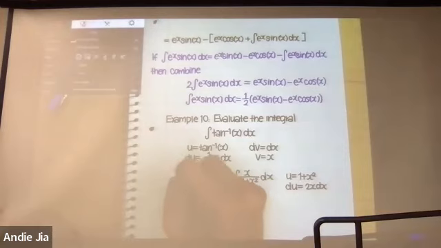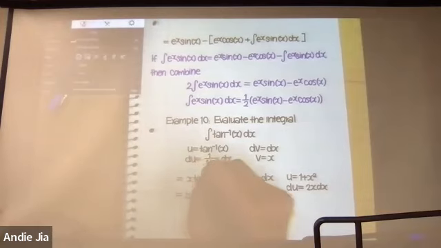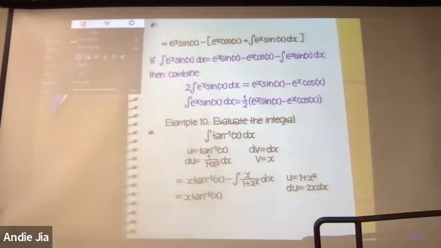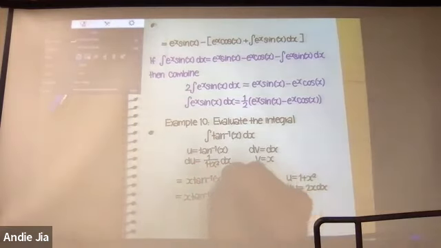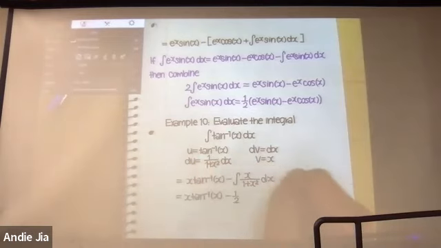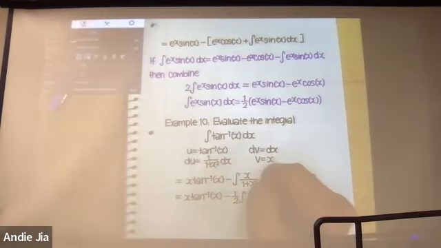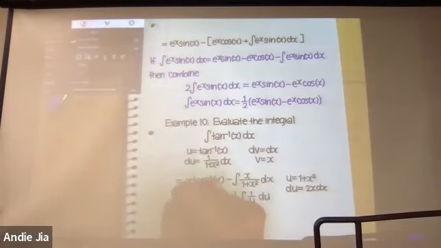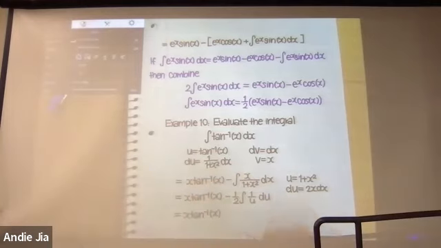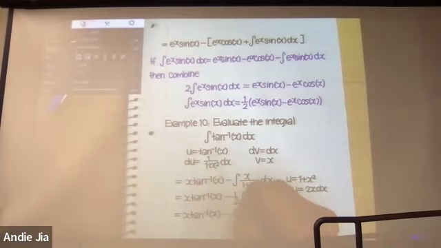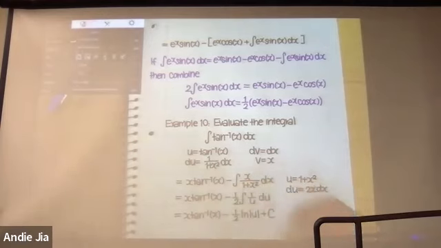Then we have x inverse tangent of x, times 1/2, and the 2x and x will be canceled. It'll be 1 over u du. It's going to be x inverse tangent of x, and then minus 1 over 2 natural log of u plus constant.